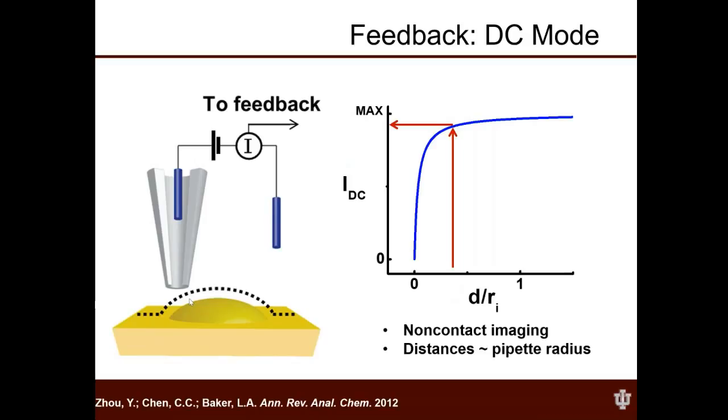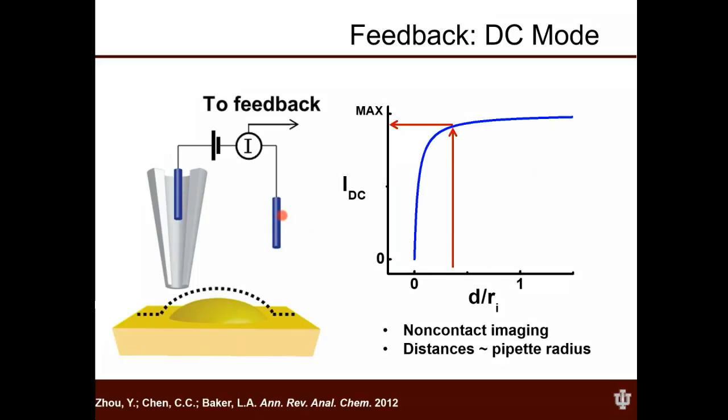Now, DC feedback is by far the easiest feedback mechanism to understand, but it's also maybe not one of the more useful. The reason is that if you image for a long time, the composition of the two electrodes that you're using changes. So a constant applied bias between this electrode and this electrode will eventually result in drift at long times between these two electrodes.